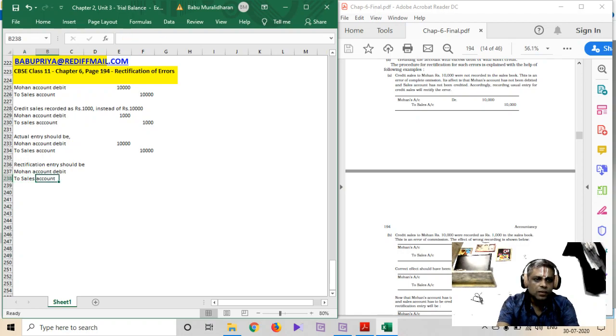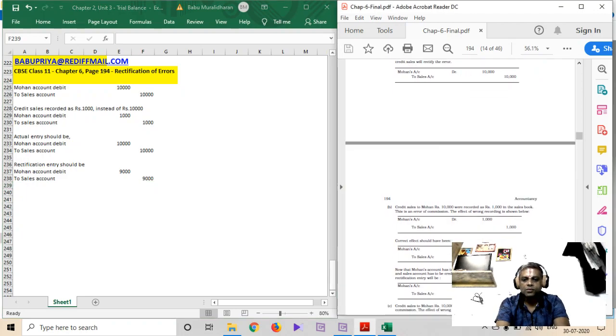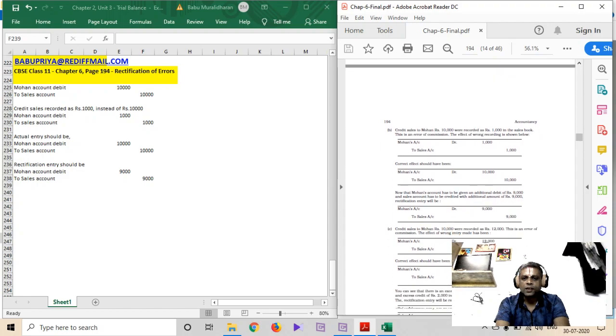So we have to process an entry for rupees 9,000 by debiting Mohan account and crediting sales account. This is the rectification entry that needs to be processed, right? Hope students are following this. The entry should be for 10,000, whereas the sales has been recorded only for 1,000 rupees instead of 10,000. So the rectification entry should be for the balancing amount.